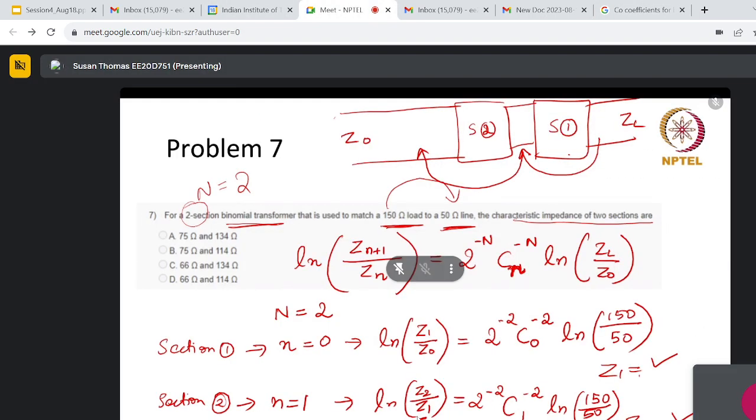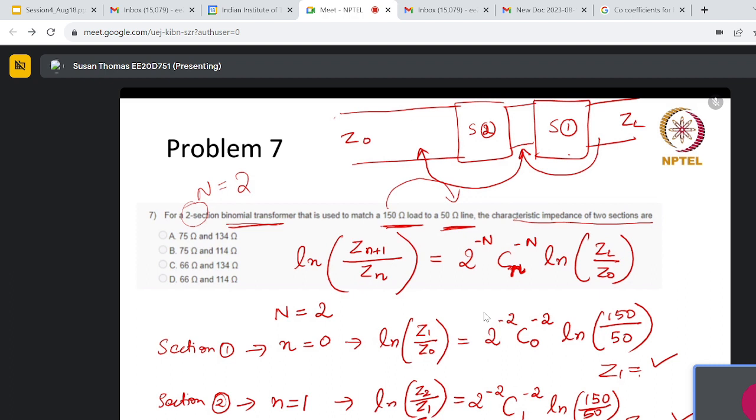For both sections, ZL is 150. Oh, sorry. I have to make this change.